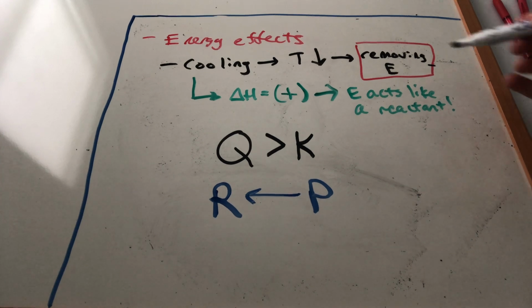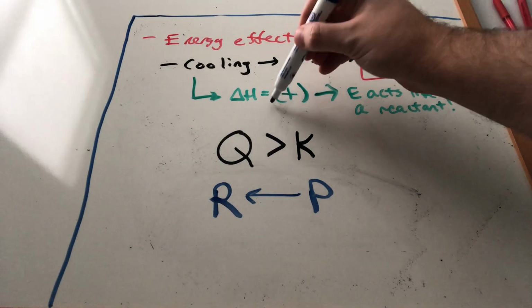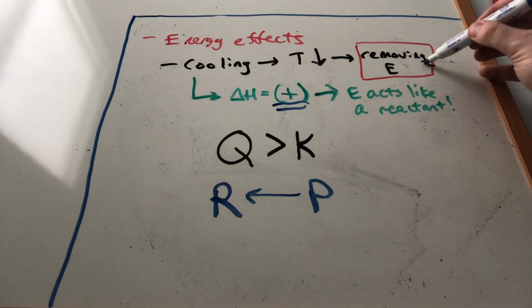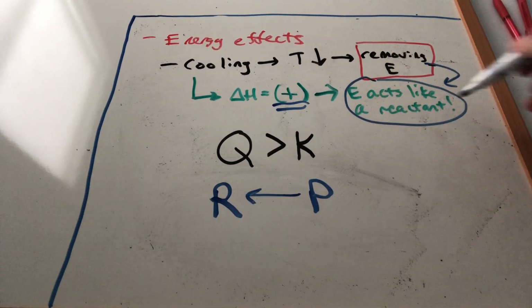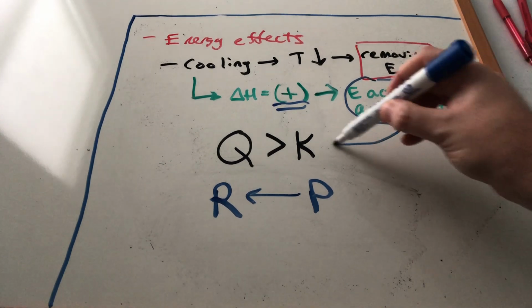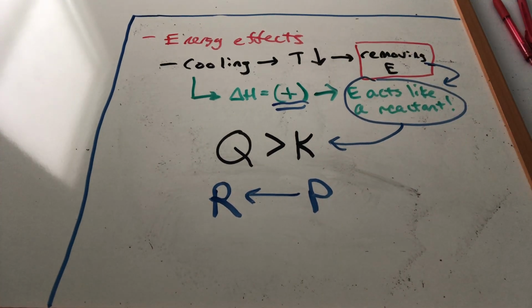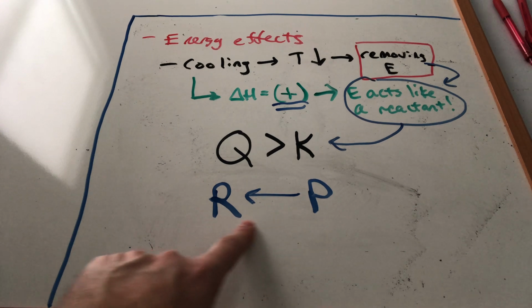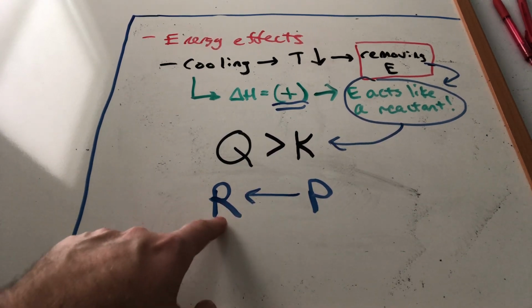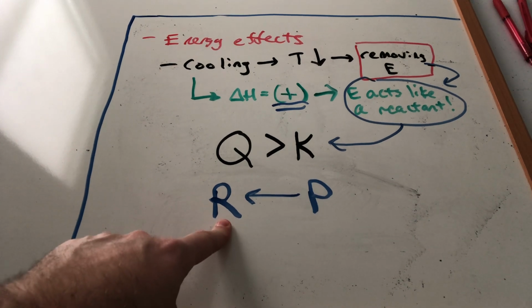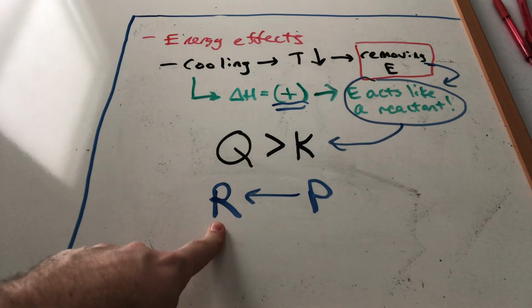One more time, removing energy for an endothermic process, where energy is acting like a reactant, means that we don't have enough reactant at that instance. We've removed reactant, Q has risen above K, and so you'll see an equilibrium shift to the left-hand side. The equilibrium will shift to make more reactants to deal with this change.